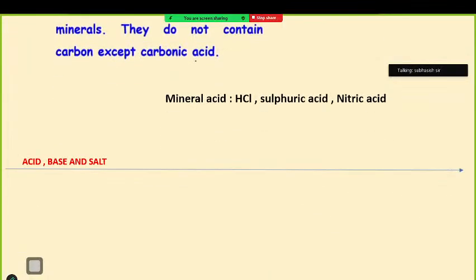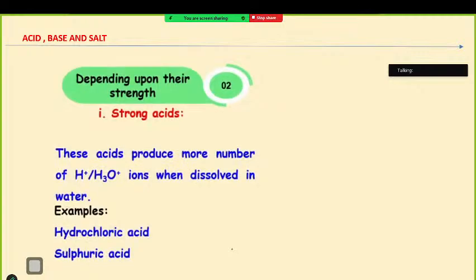Now, depending upon the strength of the acid, strength means how many H plus or H3O plus ions are produced from the acid when dissolved in water. Strong acid means they dissociate near about completely.